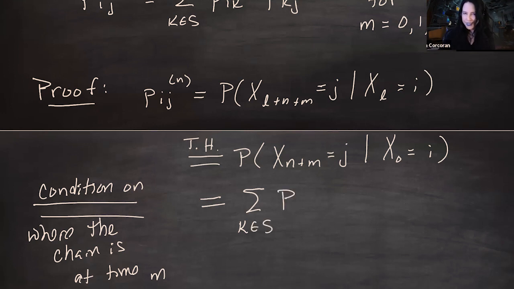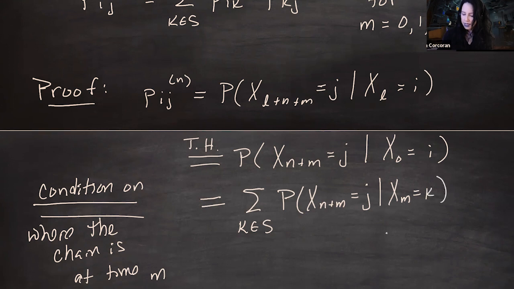And then I could write this as a joint probability and then turn it into a conditional, but I'm going to go straight to conditional because we are conditioning on the value of the chain X_m. So this is the probability X_{n+m} equals j given X_m equals k times the probability X_m equals k.